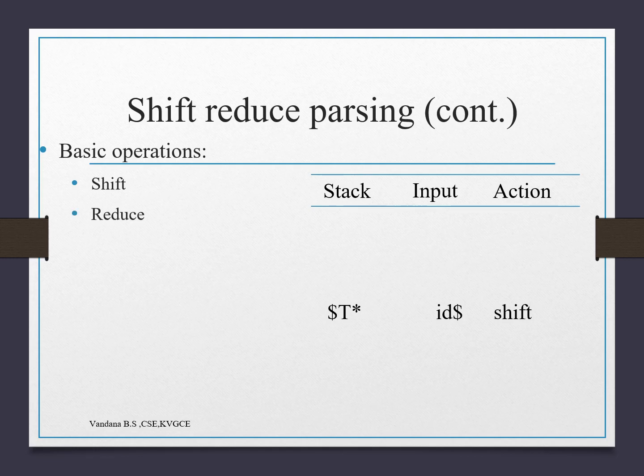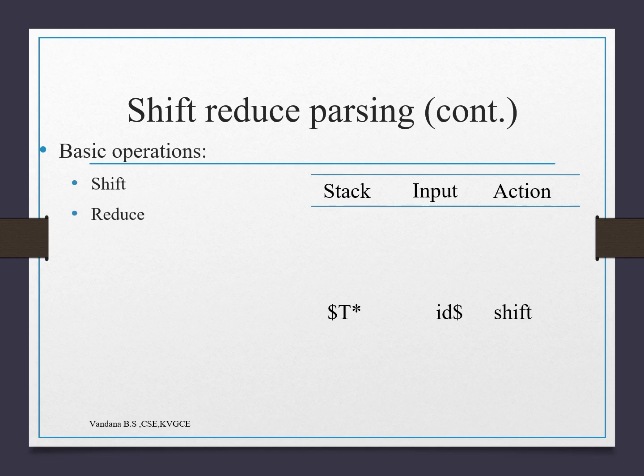Reduce means the string to be reduced must be at the top of the stack. That means the parser is going to verify whether the handle appears on the top of the stack. A handle may contain one or more symbols, not only a single one. So it has to verify a certain limit of symbols, so that those symbols become the handle.